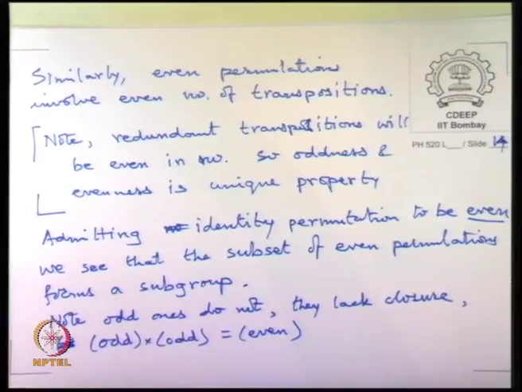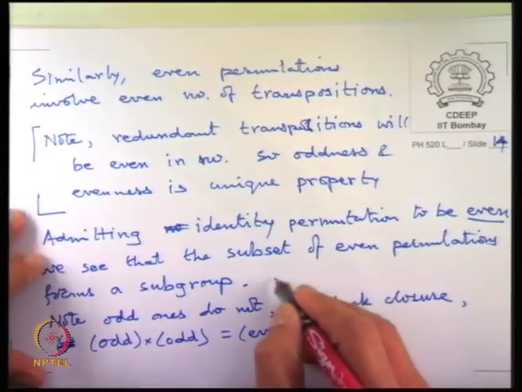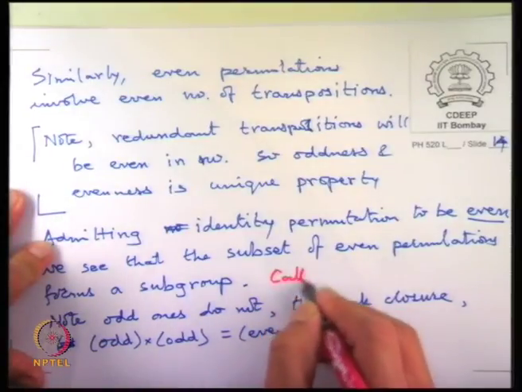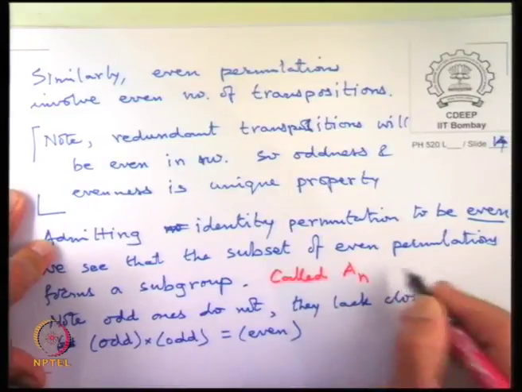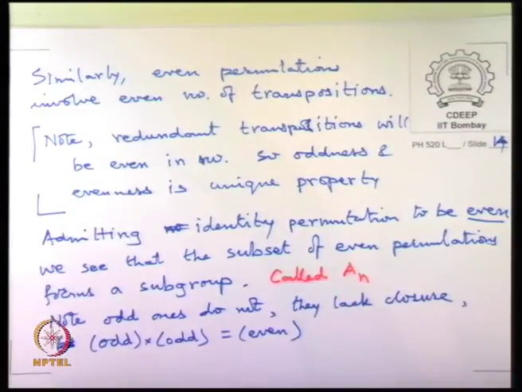This subgroup is sometimes called An. Why sometimes? I mean, this is the standard terminology. An, again for some strange reason, is called the alternating group.